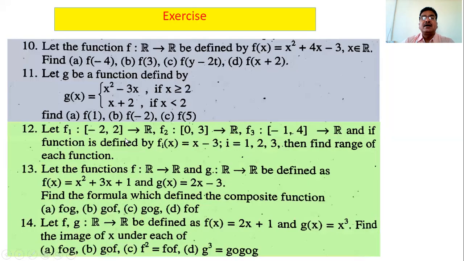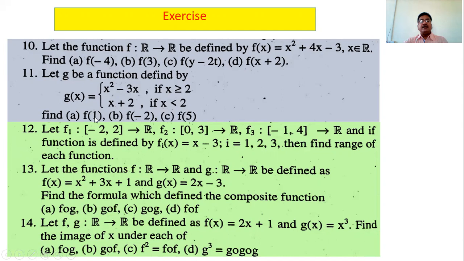So these are some examples for exercise. Some relations are defined here, and now we have to find some images of the elements under those functions. So here are the two definitions. g(x) is equal to this when x is greater than or equal to 2, and we use the other definition, x plus 2, if x is strictly less than 2.